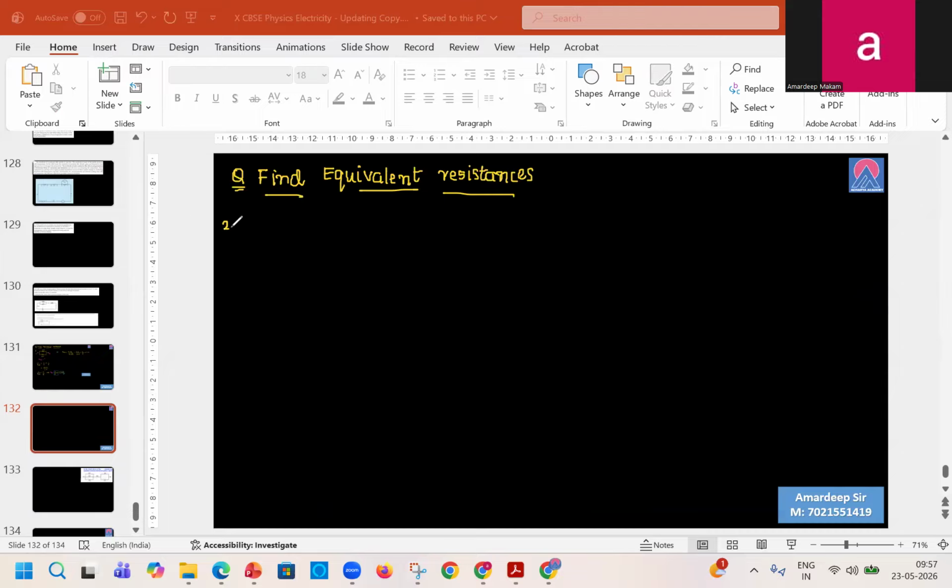For the second question, the resistances which I give you now are 2 ohm, this is 3, and this is say 5 ohms.